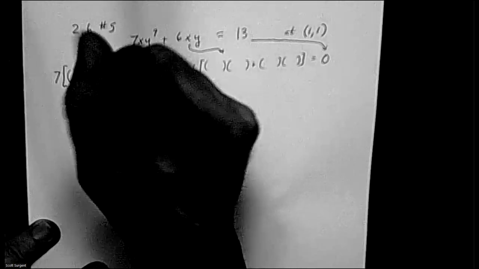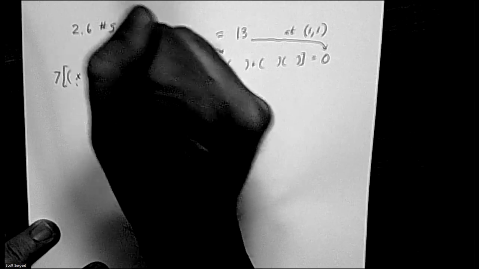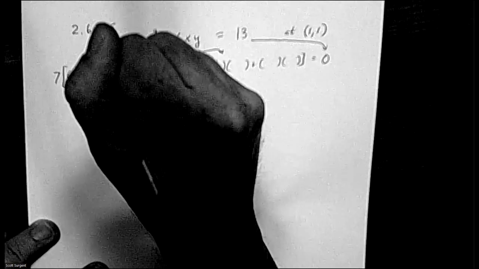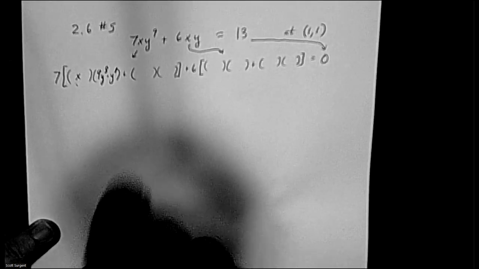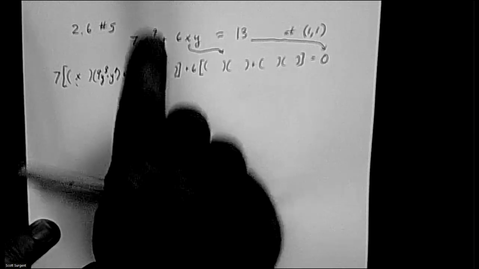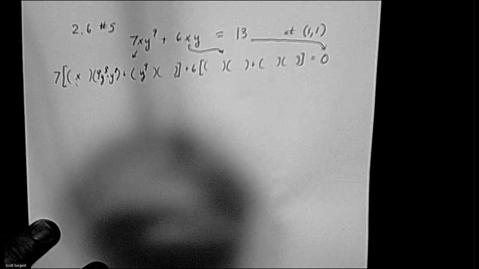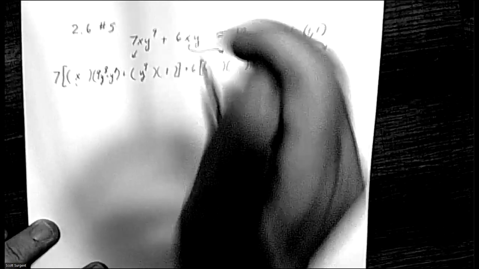So it's first, which is x, times the derivative of y to the 9, which is 9y to the 8th, chain rule, times y prime. And then you do the second, which is y to the 9. We're not taking the derivative of y to the 9 at this step, so we don't have to worry about dy/dx, times the derivative of x, which is 1.